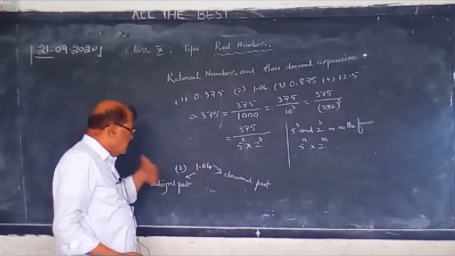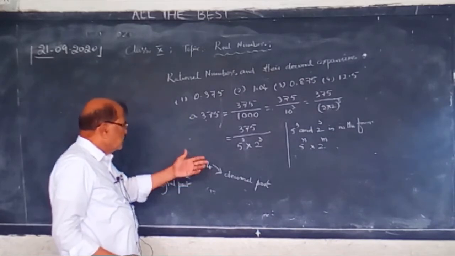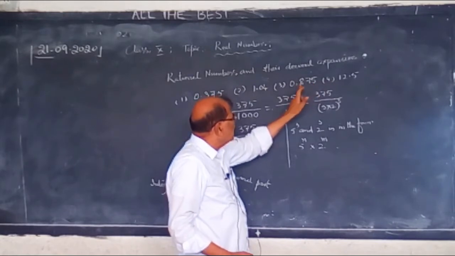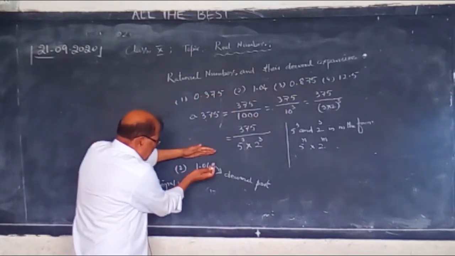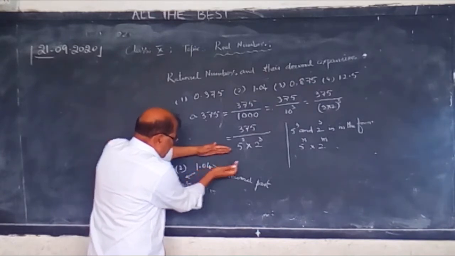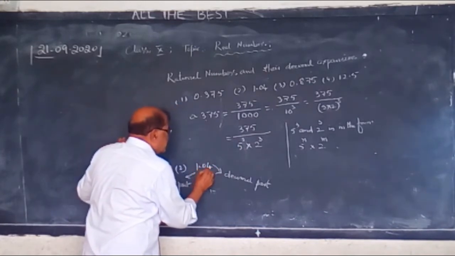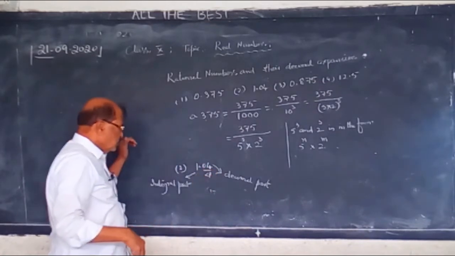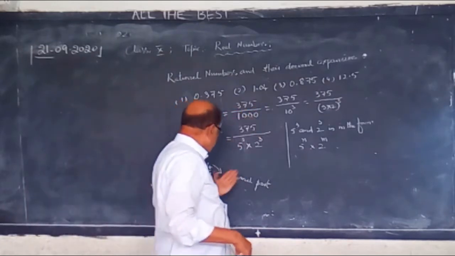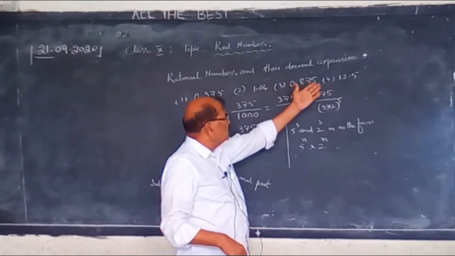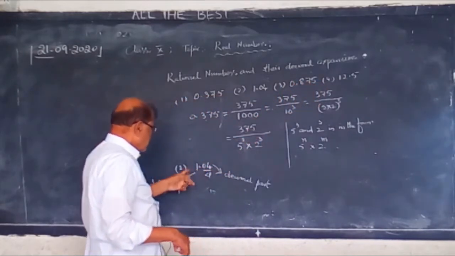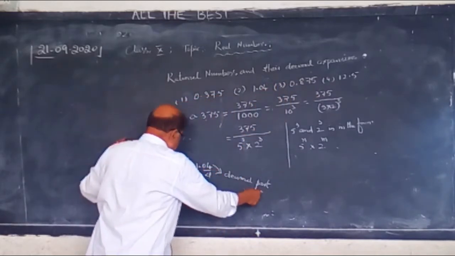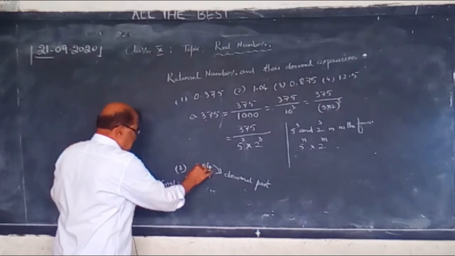Individually we spell it out. So we can't say here 875, because it is after the point. It's less than 1. Whatever may be the structure or number of digits after the decimal, it is always less than 1. So you can't read a number less than one as 875. You can read it as 0.875, which is called the decimal part. And this whole number is called the integral part.